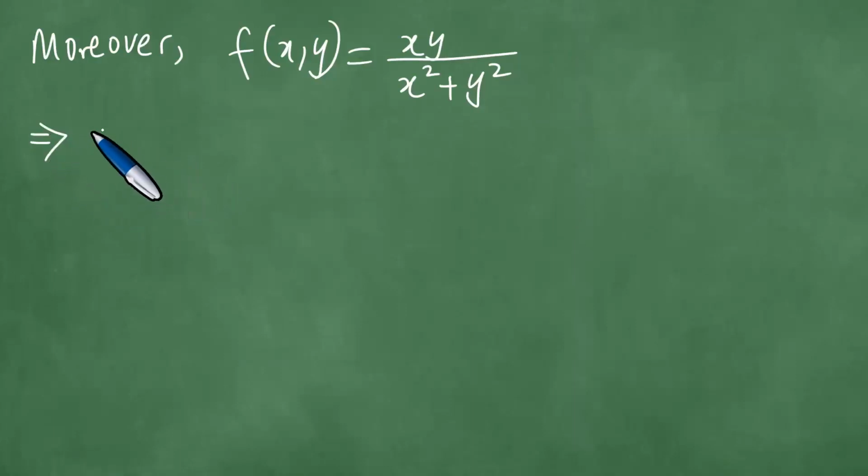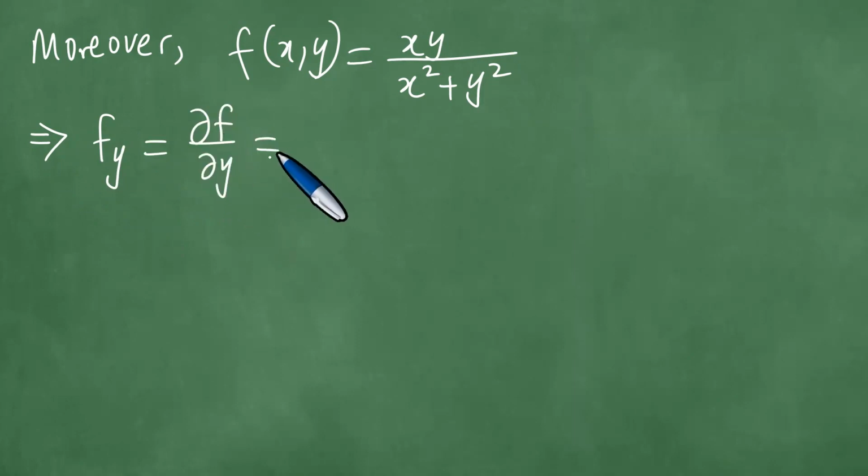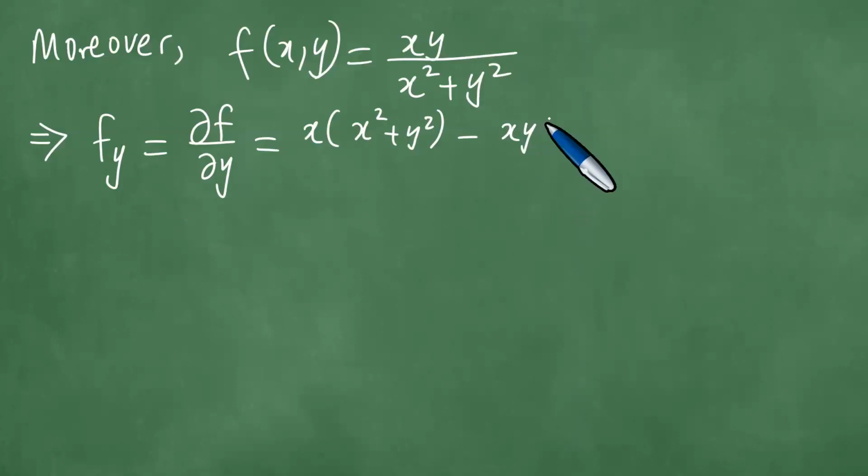Moreover, we can obtain f sub y, which is the partial derivative of f with respect to y. We differentiate first the top, which becomes only x. You multiply by the bottom, minus the top, xy, times the derivative of the bottom with respect to y, which is just going to become 2y.